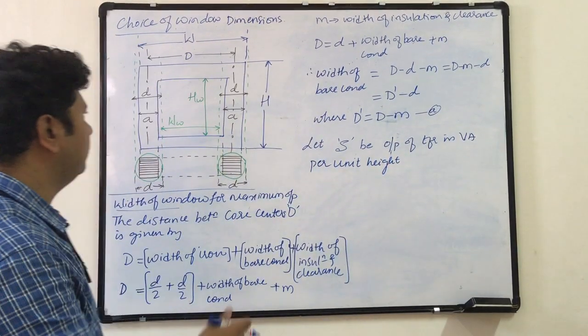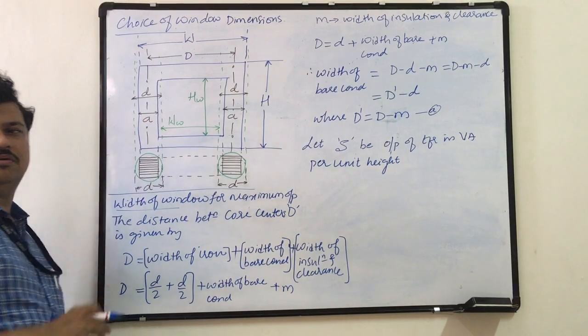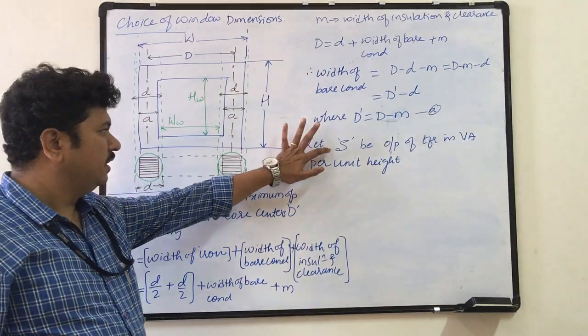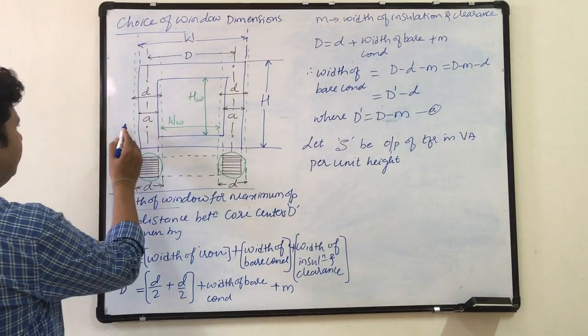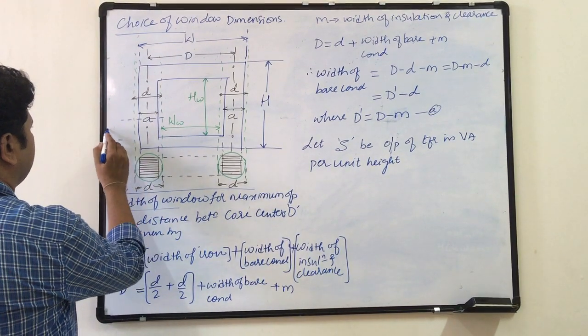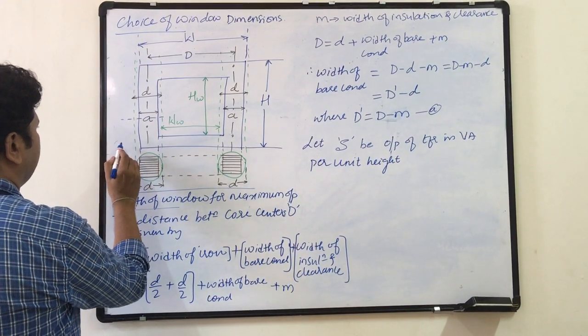So whatever may be the height of the transformer I have, this S will be the output of transformer per unit height. Let this be the unit height.